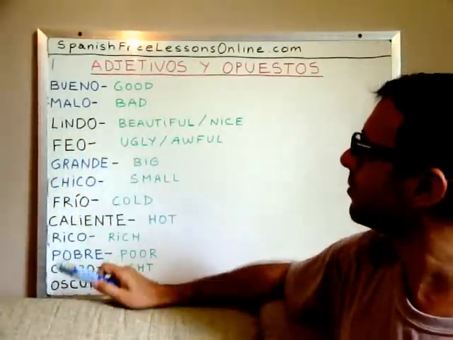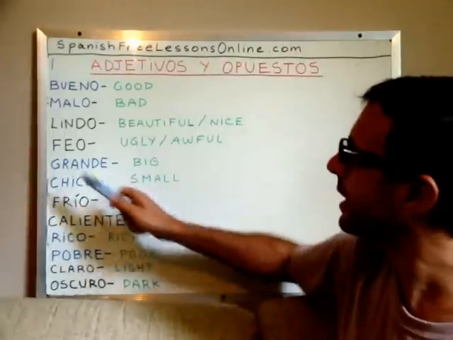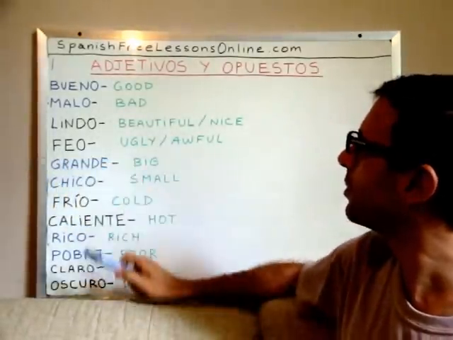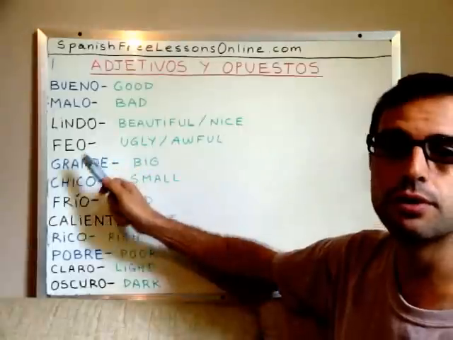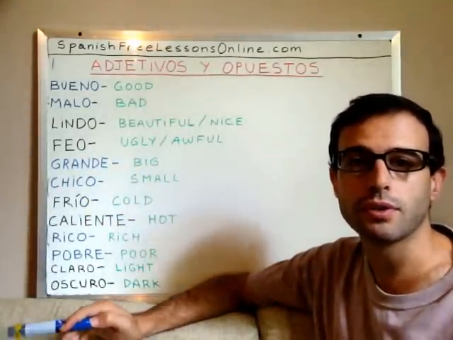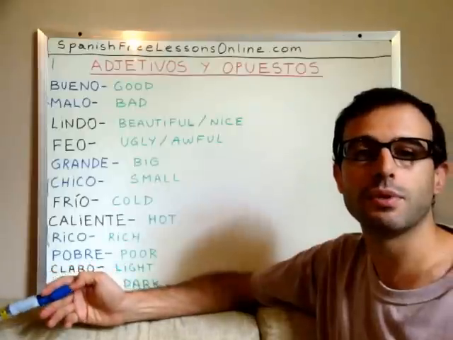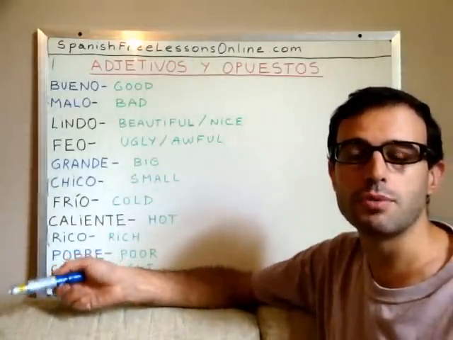Lindo, or beautiful, or nice. Feo, ugly, or awful. Lindo and feo can apply to a situation, a nice situation, or to something beautiful, for an object, a person.